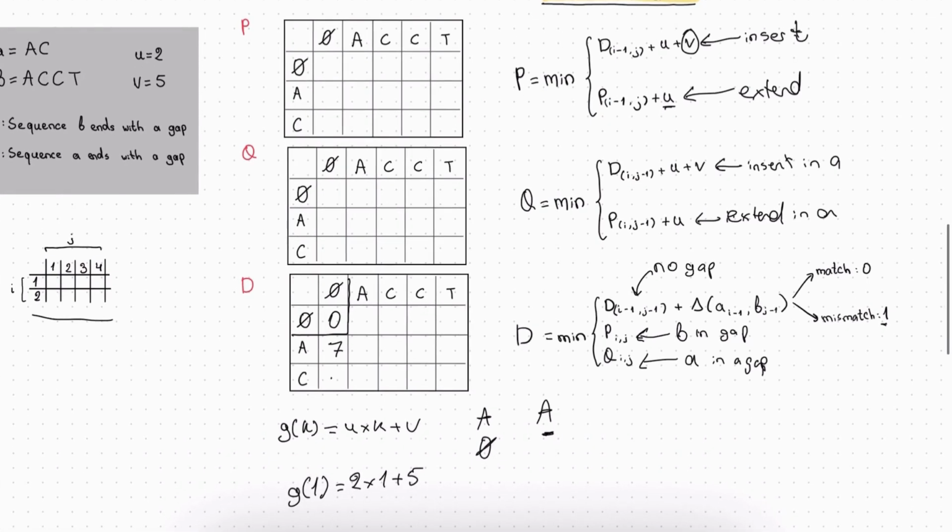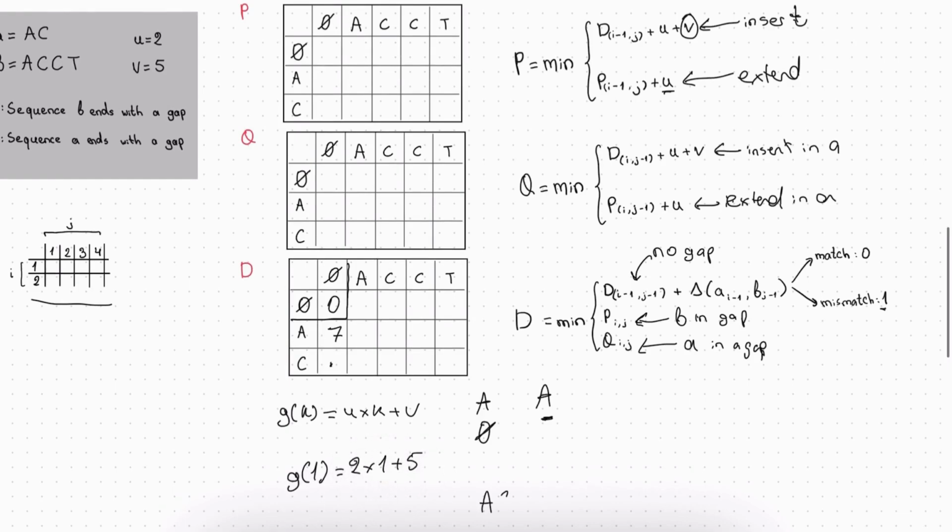For this cell, we have AC and an empty set. In other words, AC with a single gap in B of a length of 2. Therefore, we have G of 2 is equal to 2 times 2 plus 5. 9.